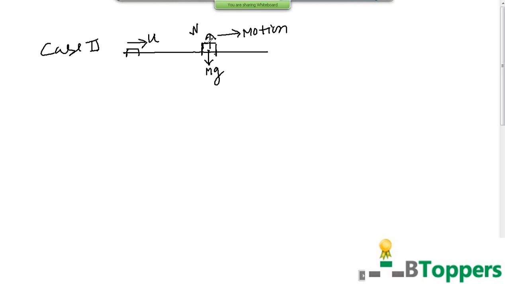Here N represents the magnitude of the normal reaction force, perpendicular to the surface of the floor, directed away from the surface. Then the force of kinetic friction on the block by the floor acts opposite to the direction of the motion. Here Fk represents the magnitude of sliding friction or kinetic friction, which acts towards the left side.